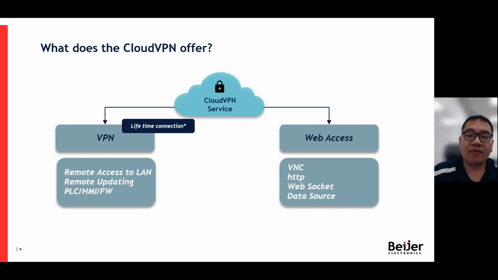And then we also have services such as WebSocket and also data source for data collection. It's important to know that currently for the CloudVPN, we are offering a lifetime connection within the hardware lifetime itself.